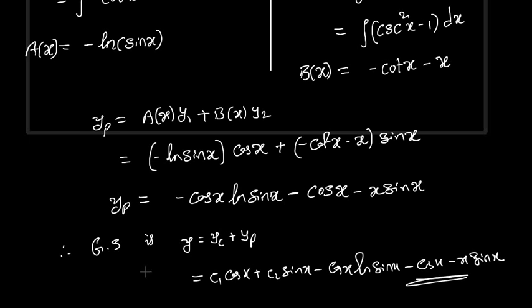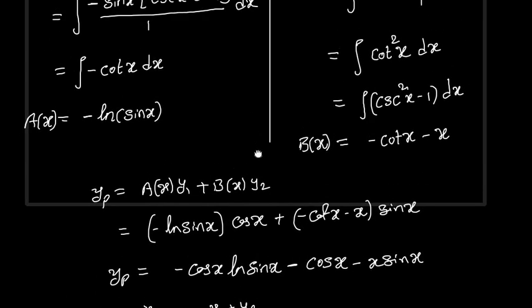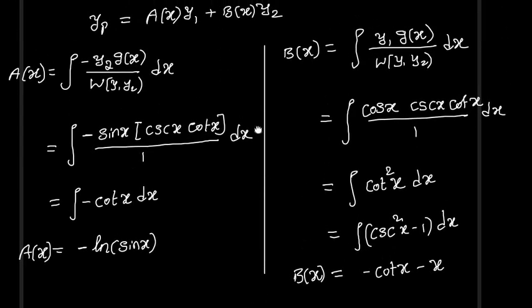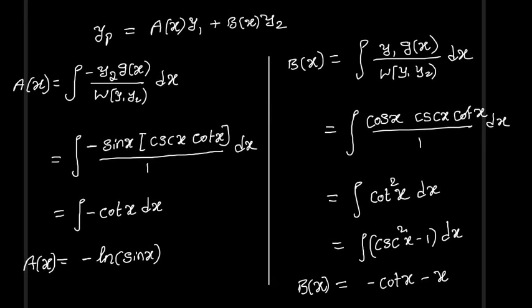That's it. So this is how we can find the general solution of the given differential equation using method of variation of parameters. The main important thing is you need to remember these two formulas. Here for a of x you'll get minus, and this will be y2. For the a you'll get 2, and for b you will get 1 here. So keep it in mind.